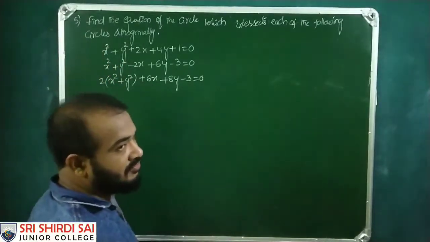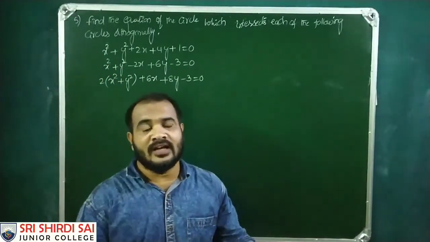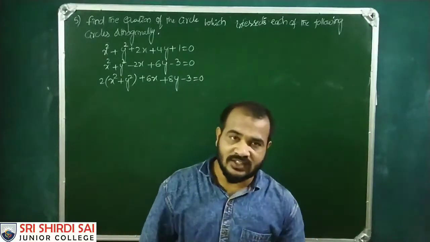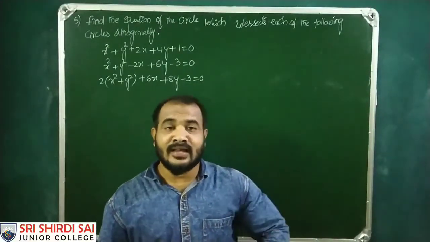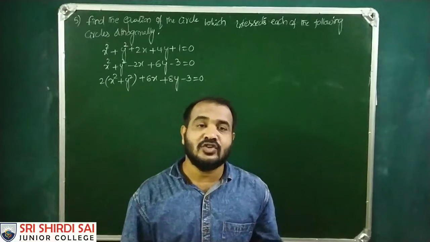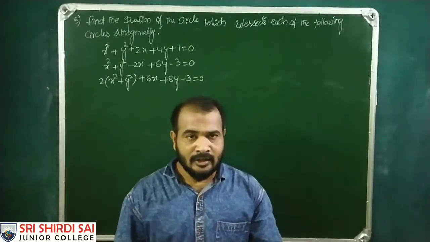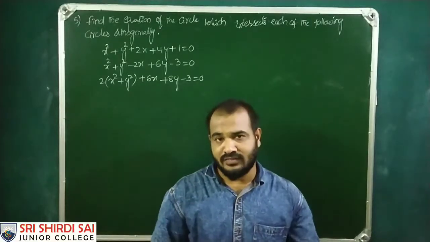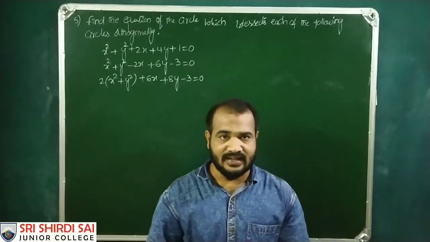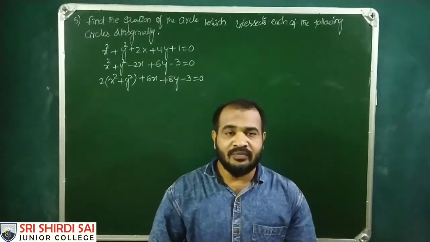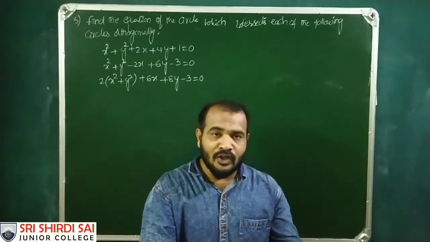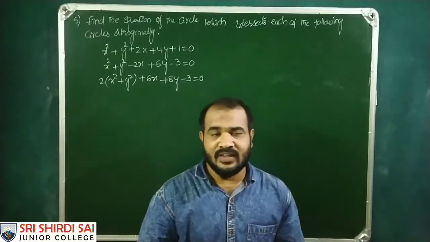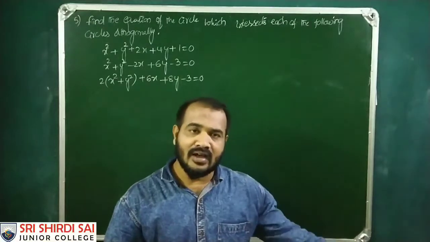3 circles are given. As far as this particular problem is concerned, the radical axis concept is not discussed yet; we are going to discuss it after a short while, after this exercise. If we use that radical axis, then we can get that very easily.